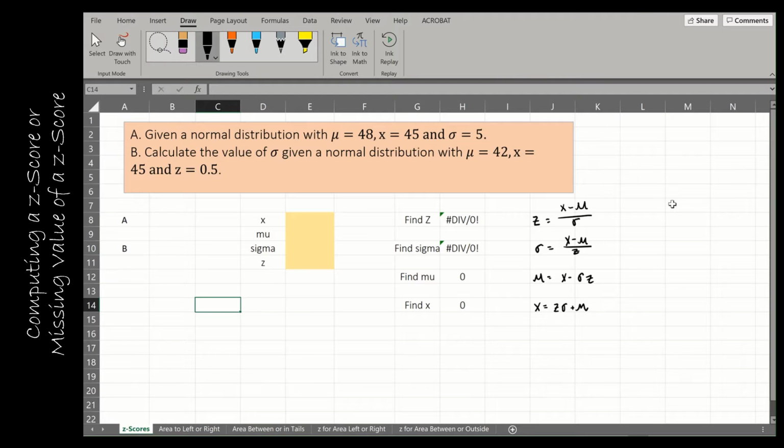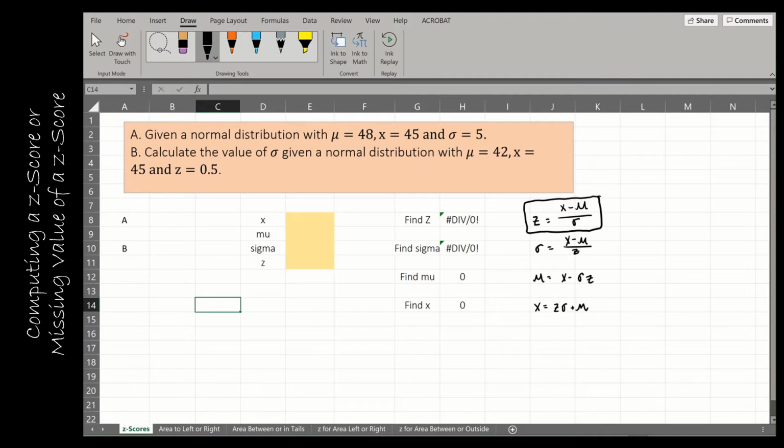The first thing is, of course, we have to understand how to find a z-score by hand. Remember it's observed minus expected over standard deviation, or x minus mu, where mu is the expected value, the mean of our population, divided by the standard deviation of our population, which is sigma.